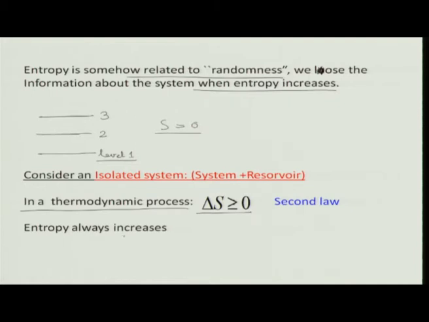Delta S refers to the change of entropy of the system plus the change of entropy of the reservoir. So, delta S of system plus delta S of reservoir, these two taken together must be greater than or equal to 0. This is the second law of thermodynamics.